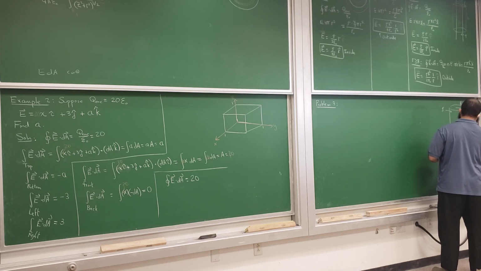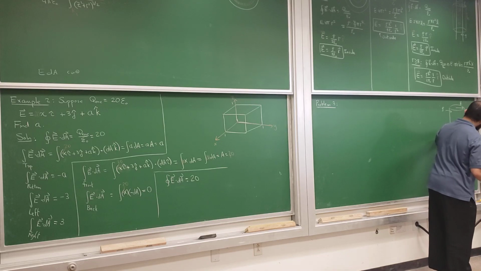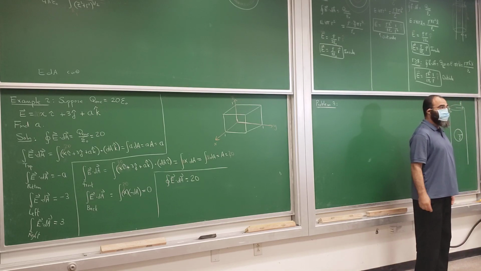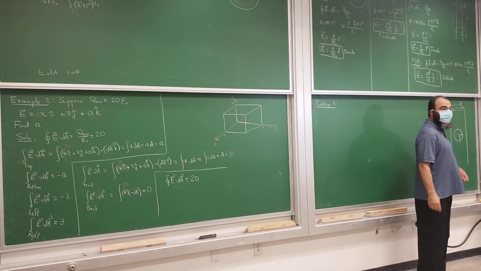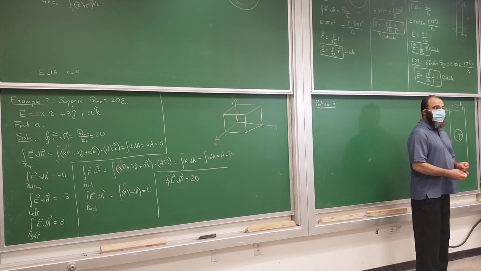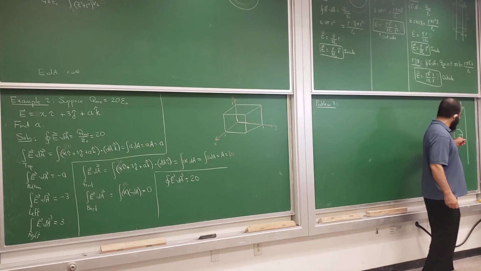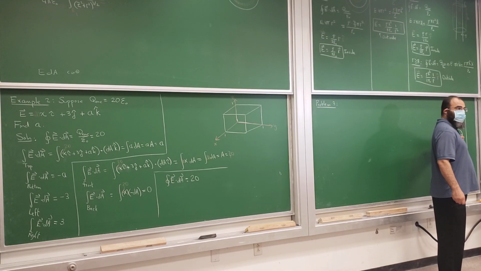And the radius here is R over 2. So here you have a hole. It's empty. Okay. It's empty inside there.